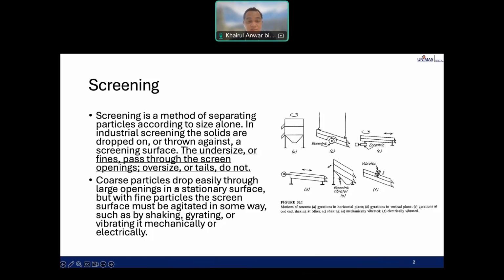The coarse particles drop easily through large openings in a stationary surface, but with fine particles, the screen surface must be agitated in some way, such as by shaking, gyrating, or vibrating it mechanically or electrically.